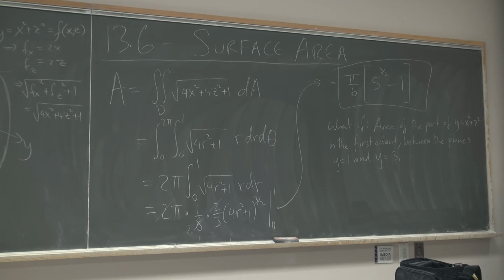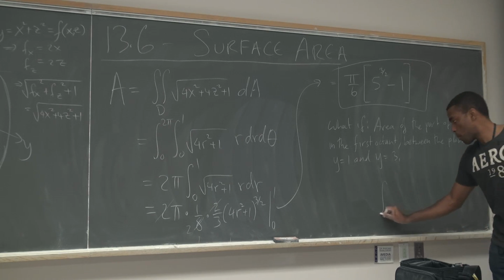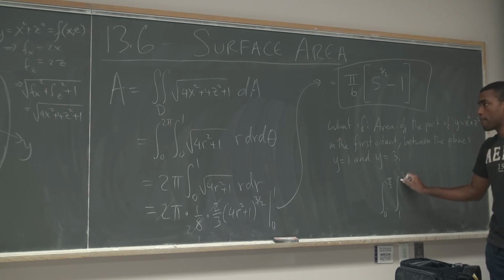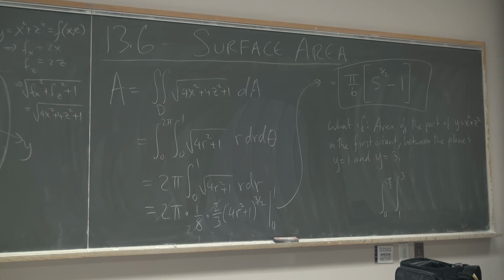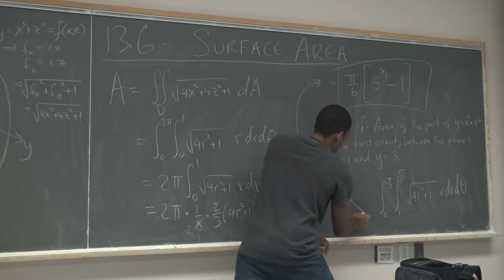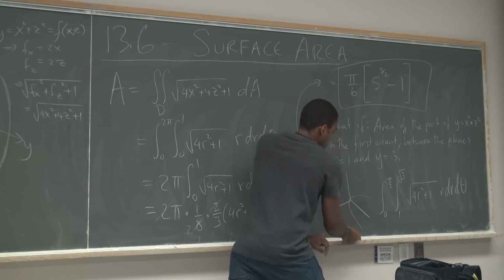You need to go from 0 to pi over 2 and 1 to 3 of that function. Would it be 1 to 3? 1 to radical 3. Right, because you would draw that.